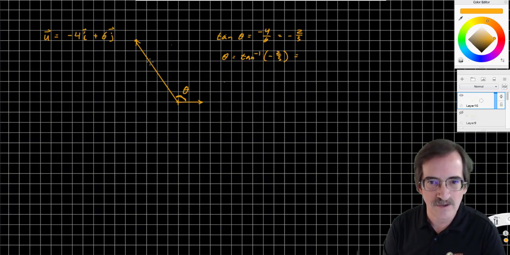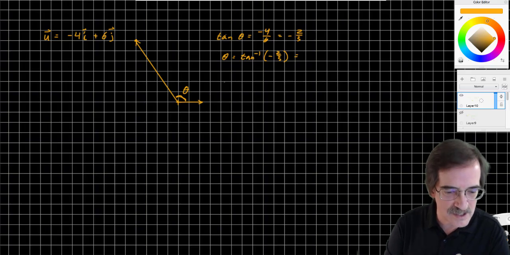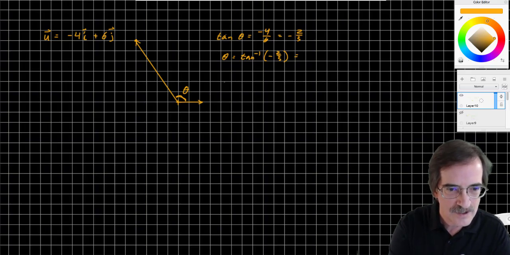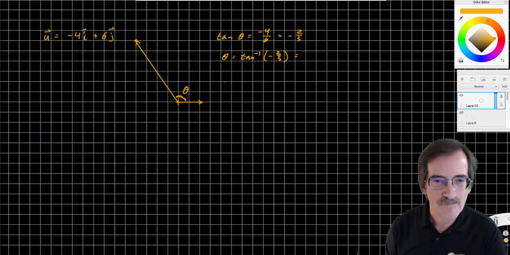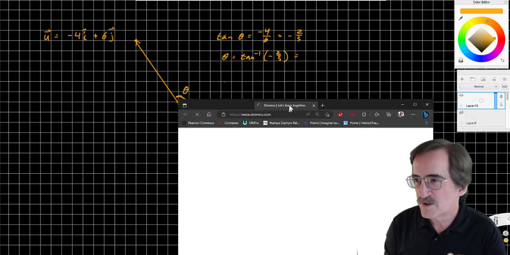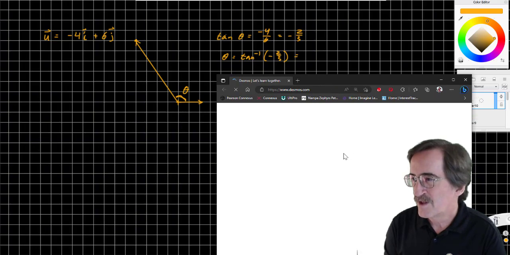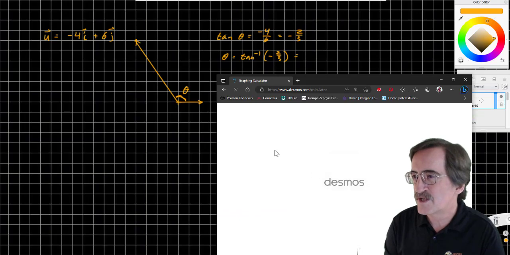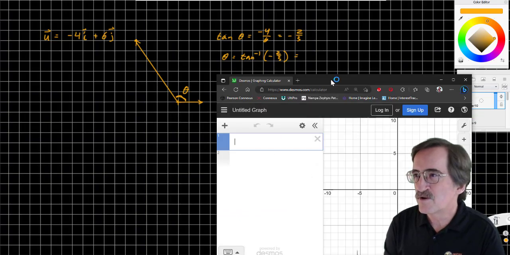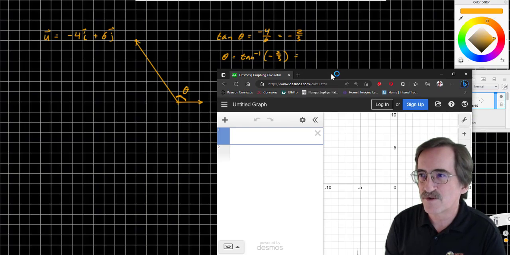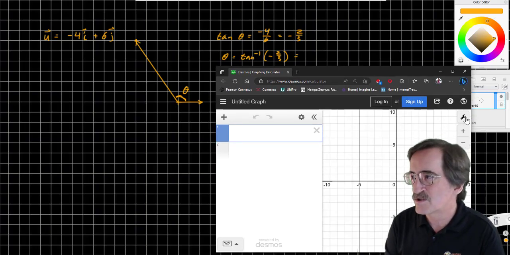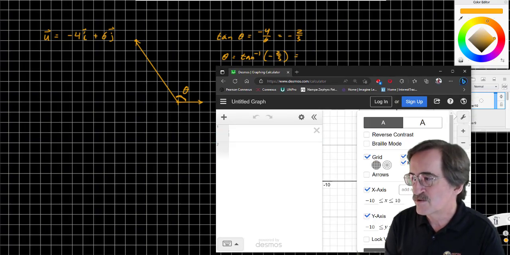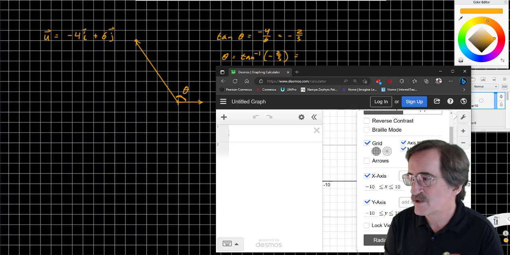Okay? And let's go ahead and do that here. Grab our calculator. Oh, Desmos! Desmos.com. And arctangent. Make sure you're aware of what angle units you are in. I'm going to go into degrees, but there are certainly cases where you will need radians, and you need to be comfortable with both.